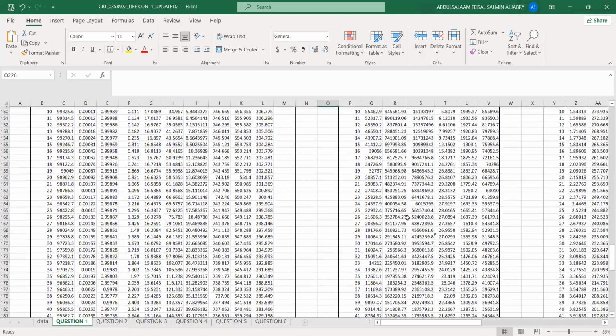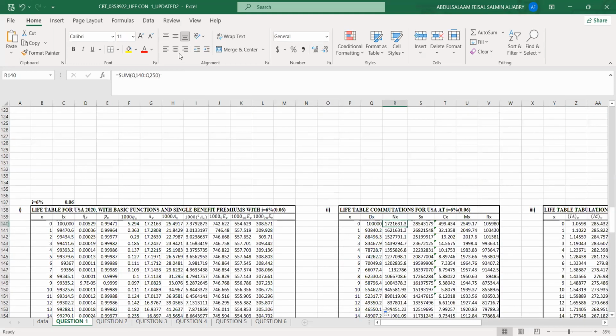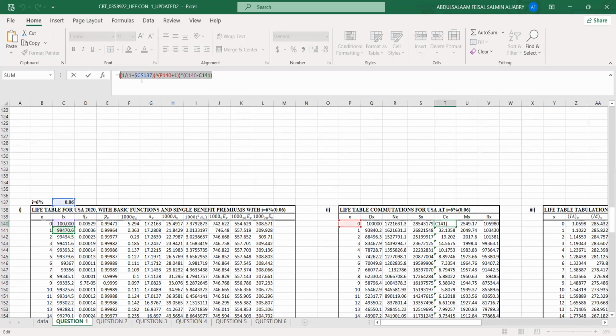Again, everything else is the same: Nx is just the summation of Dx, and to get the Sx, the summation of Nx. To get the Cx, the only difference is this one, it's 0.06.